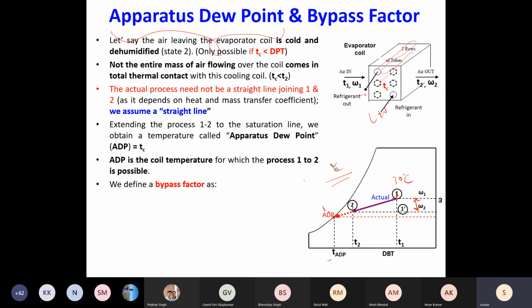Now the air conditioning industry, instead of using effectiveness as the parameter, uses something called the bypass factor, which is nothing but 1 minus effectiveness. Instead of saying 80% effective, they will say 20% is the bypass factor.